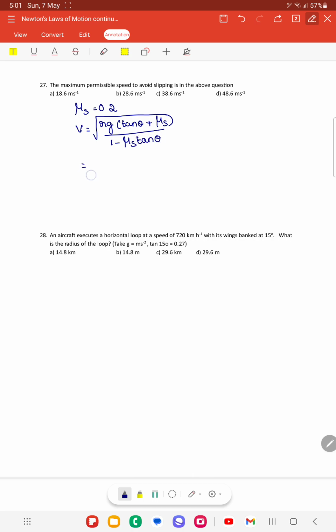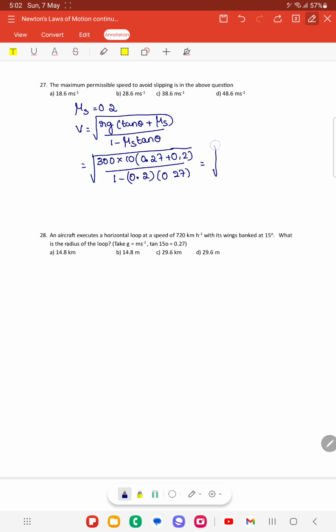So substituting the values, we have the radius is given 300, into 10, into 0.27 plus 0.2 divided by 1 minus 0.2 into 0.27.